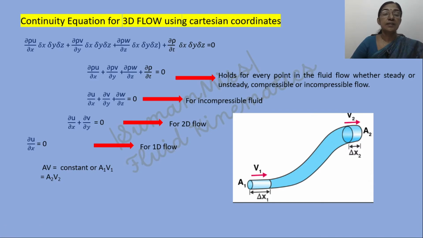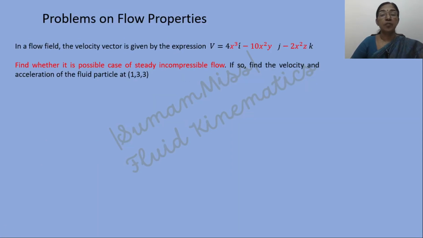Let us discuss the continuity equation by solving a problem. In this problem, the velocity vector is given as V equal to ui plus vj plus wk. We have to check the possibility of steady incompressible flow.